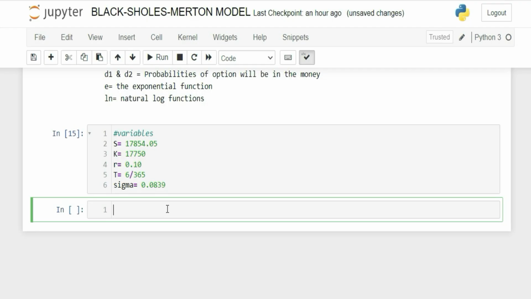Okay, so first we have to import two libraries. Let's put import libraries.